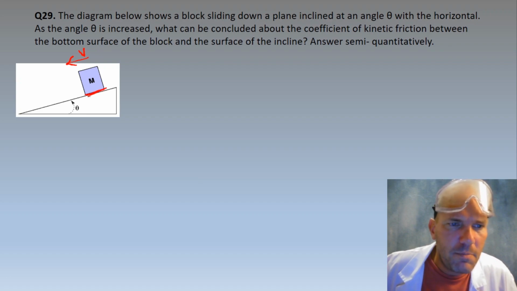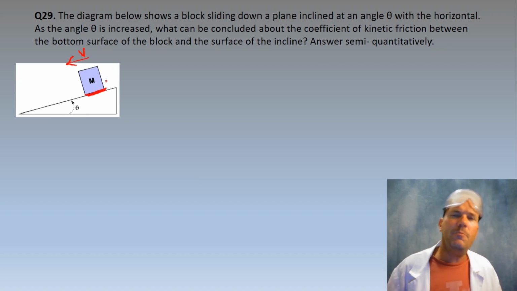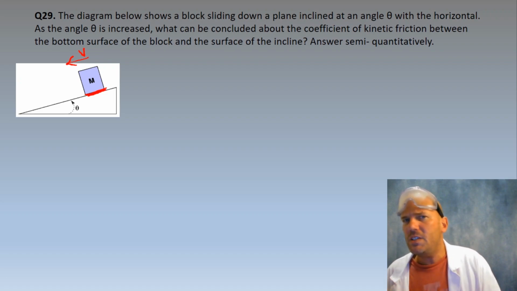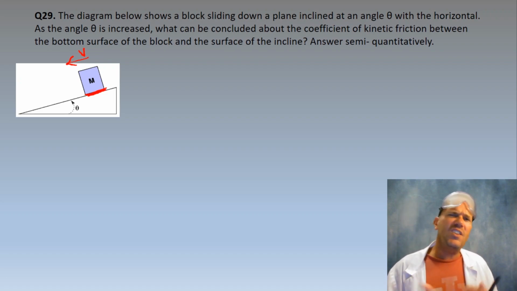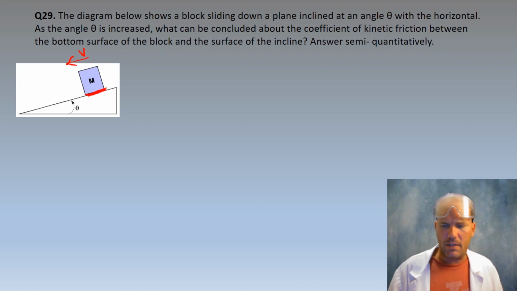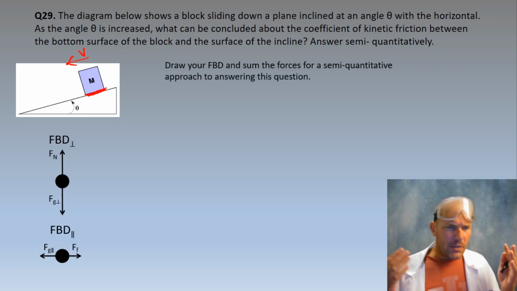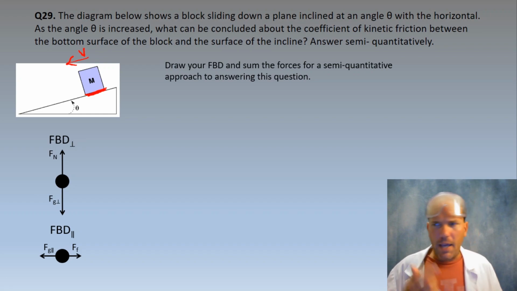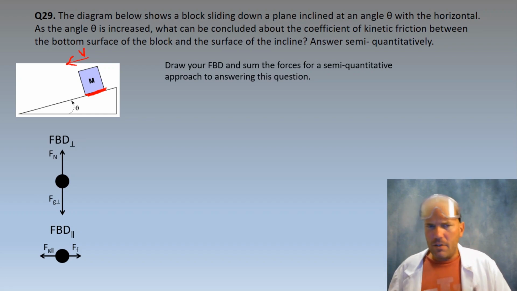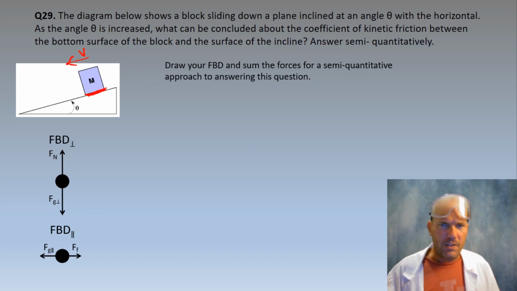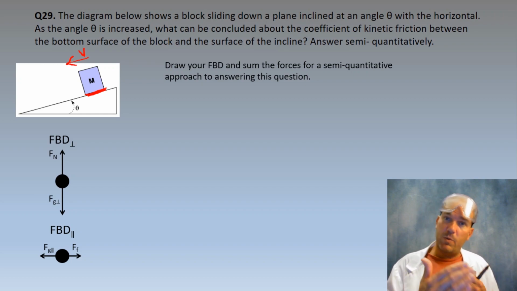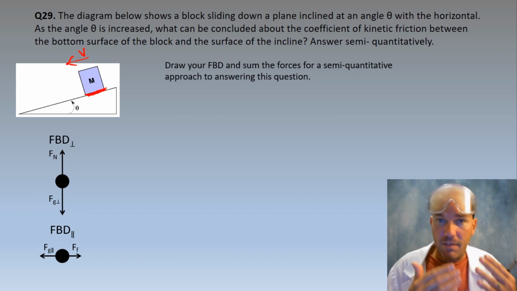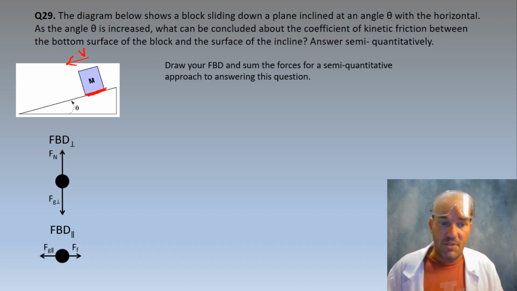And if this box is sliding down the incline, we know kinetic friction is opposing that motion and therefore is up and parallel to the incline. All right, so let's start with our free body diagrams. Notice that we are looking at the perpendicular and parallel components as opposed to the horizontal and vertical, because this is relative to the angle of inclination for this object.